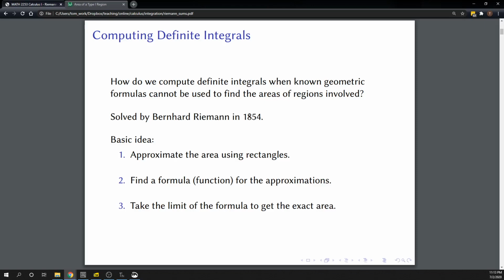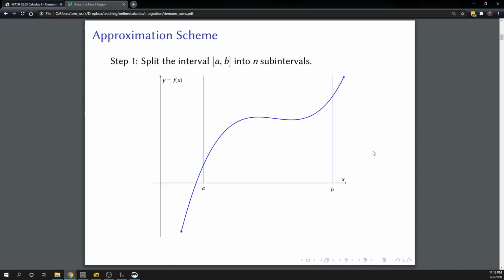So let's go through Riemann's scheme here. First off is the approximation scheme. We are going to fit some rectangles in this area here. Let's say we want the integral from a to b of this function f of x dx. There's no known geometric formula that's going to work with that.